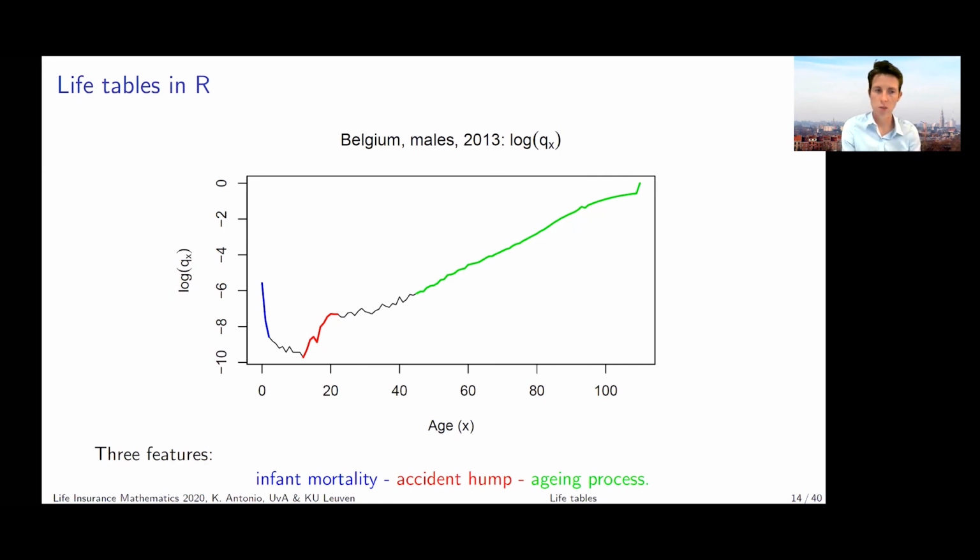That's not a coincidence, and that's to make sure that these three features become very visible. If I would just plot qx against x, then the qx would be very, very low and would only start to noticeably increase for old ages x. So it's a good idea to plot it here at the logarithm to make these phenomena clearly visible.